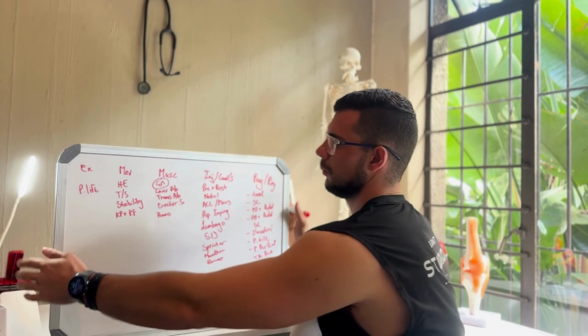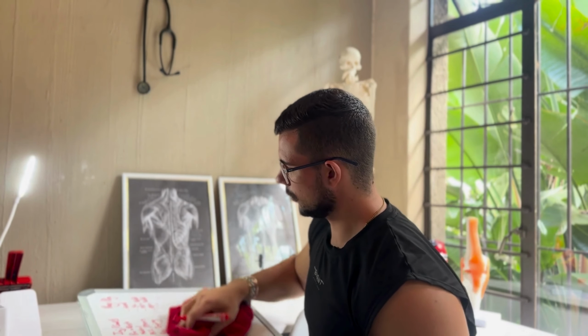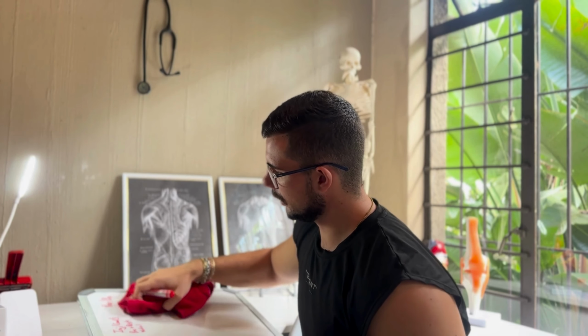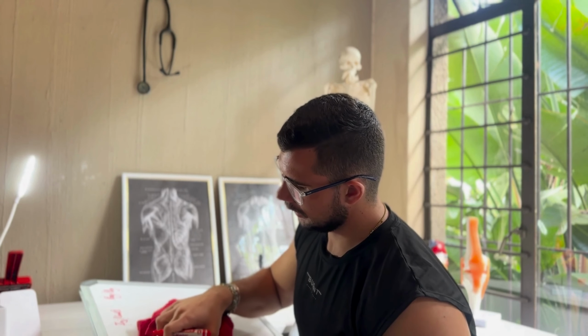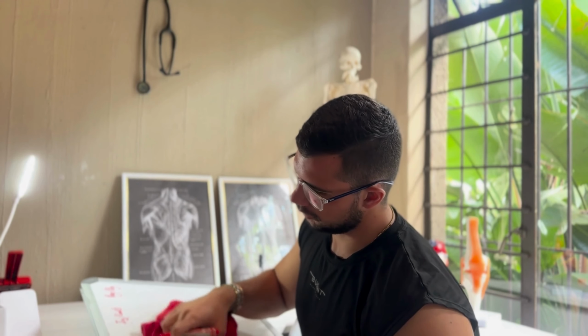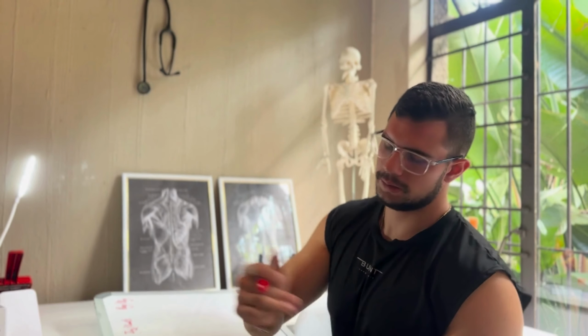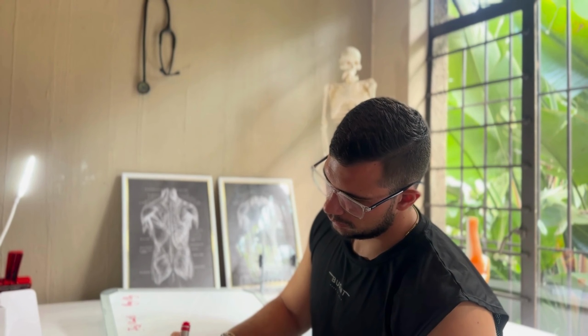We're going to move on from pelvic lifts and we're going to move into a very basic movement, which most people think is very basic, but in my opinion is very complex and involves a lot of different portions. We are going to take a look at the step up.